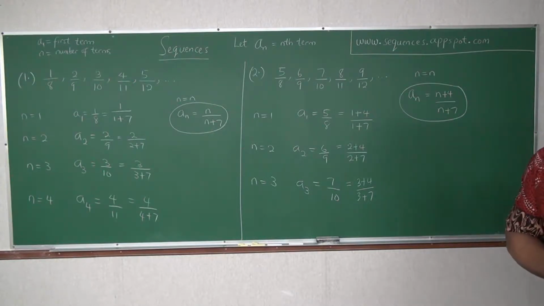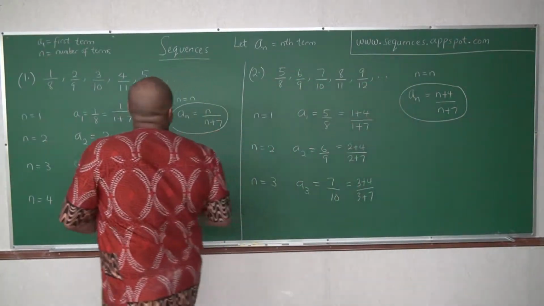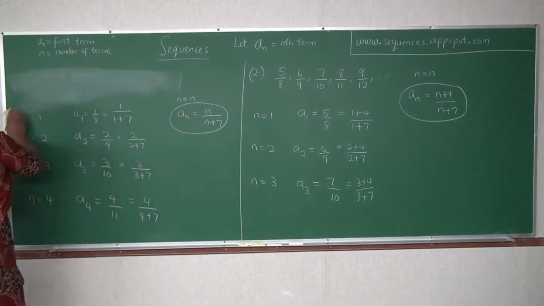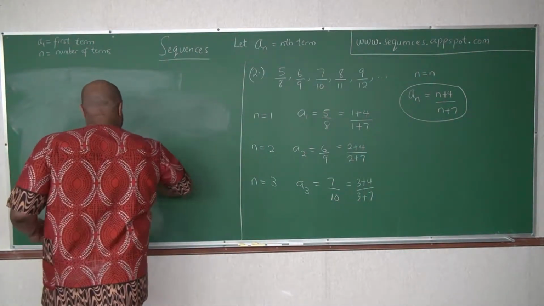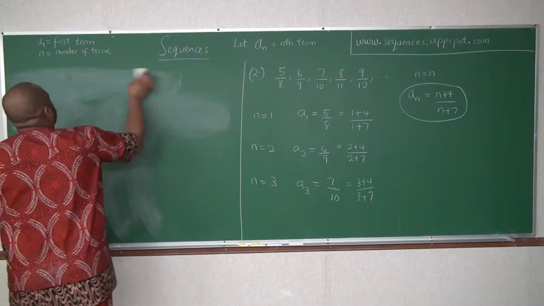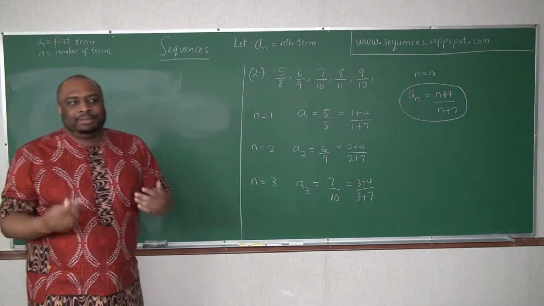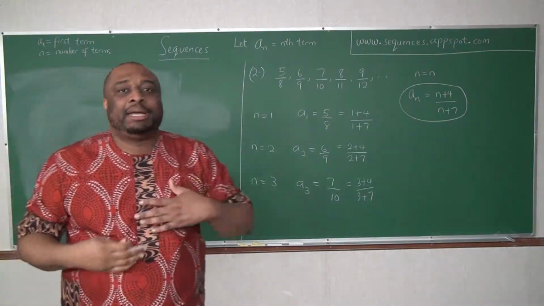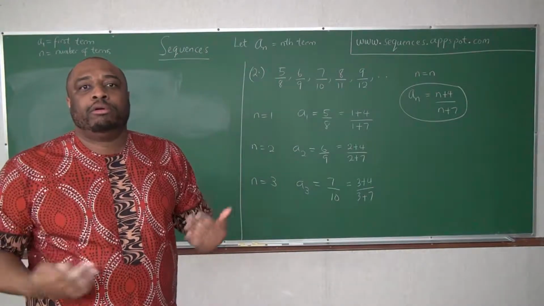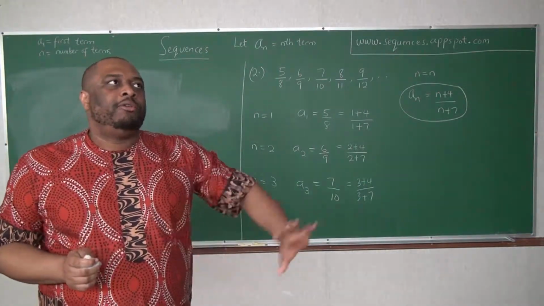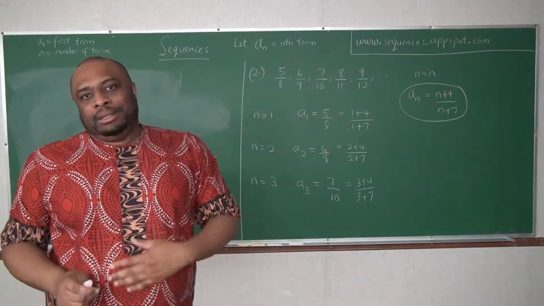Does that make sense? Okay, let's do question 3. The nice thing with this is you can form your own general sequence, write the terms and work backwards to deduce them.